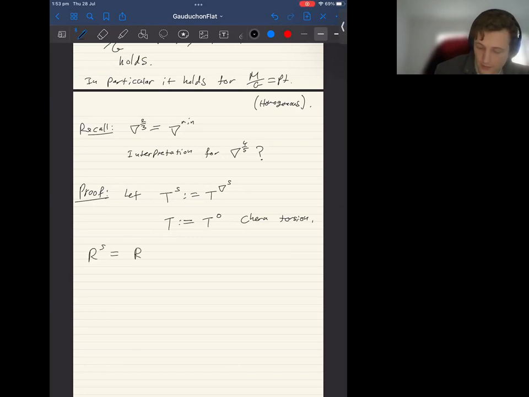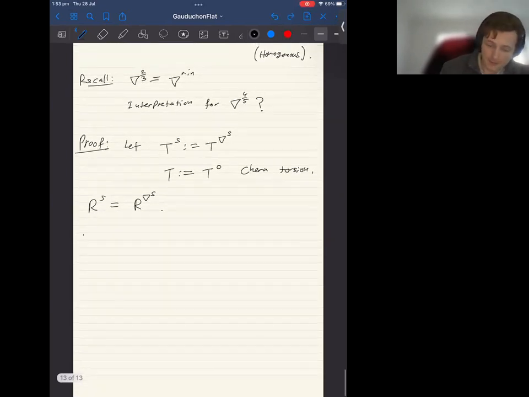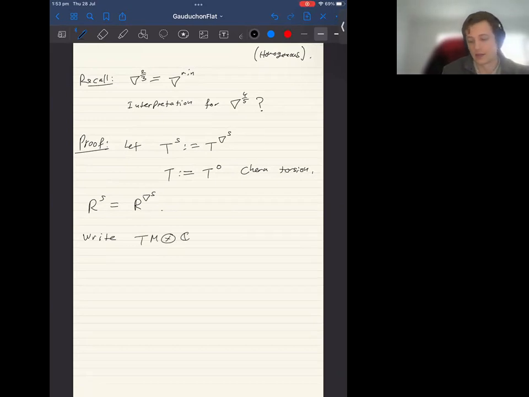Following that, we'll call R^S the curvature of nabla S. So let's complexify everything. We take the tangent bundle and tensor it with C, and extend all maps and tensors by complex linearity.